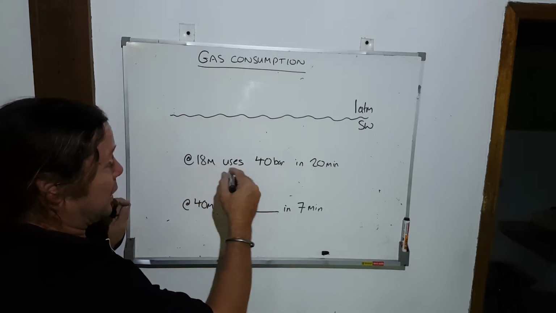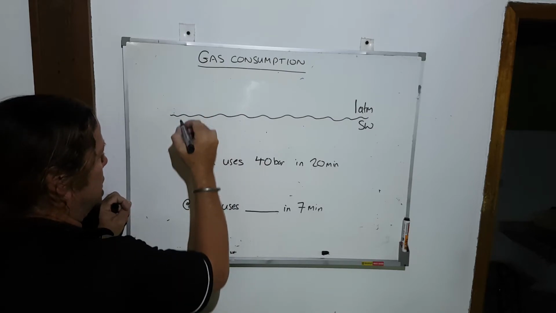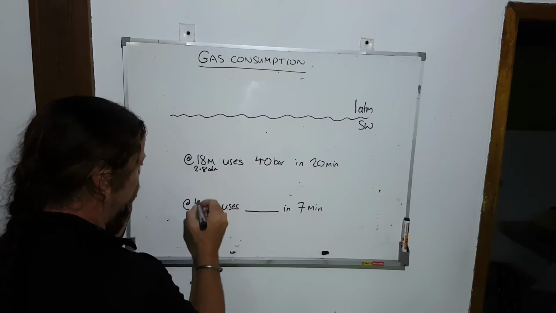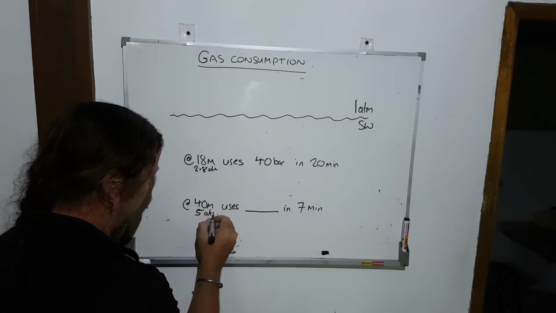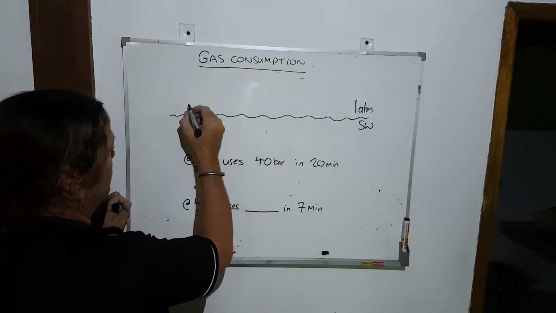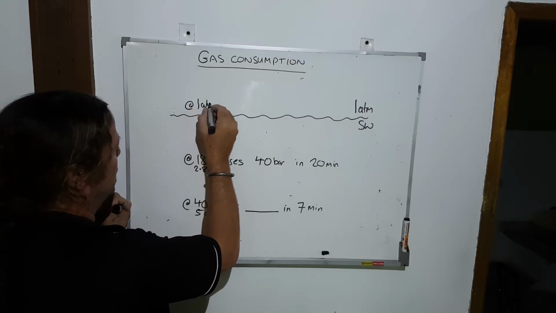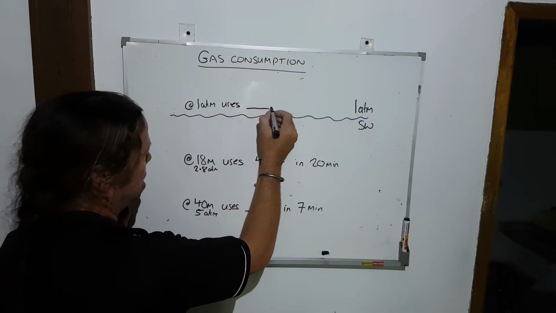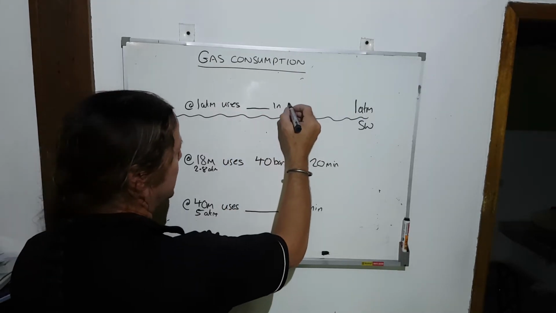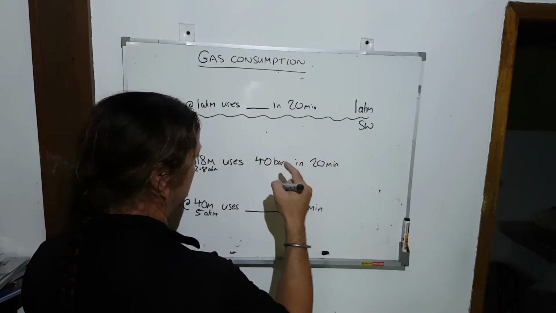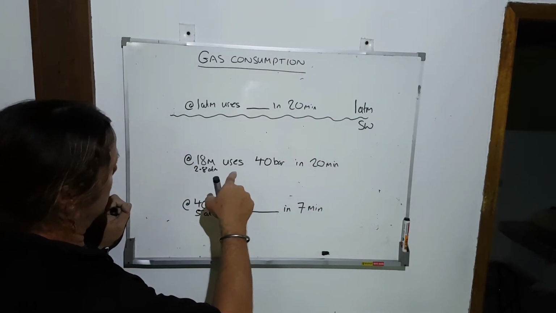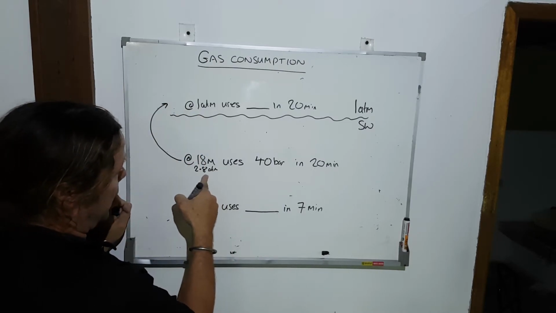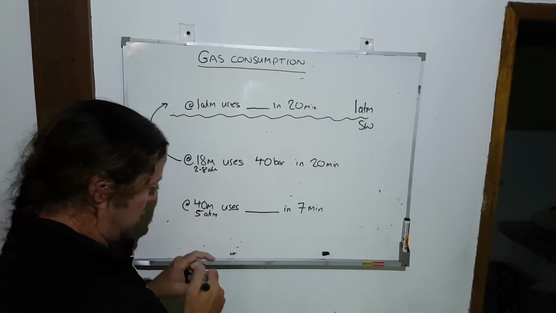So the first thing I'm going to do is take it to the surface. Sorry, let me put the pressures in. At 18 meters it's 2.8 atmospheres, at 40 meters, 5 atmospheres. Okay, so at 1 atmosphere, he uses in 20 minutes... First of all, I'm getting rid of the pressure. So I say, hey, to take this up, I must divide by 2.8.